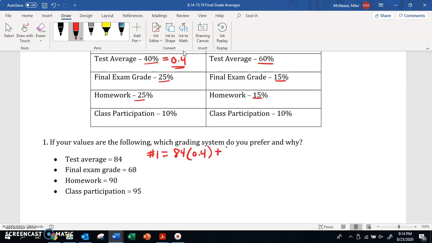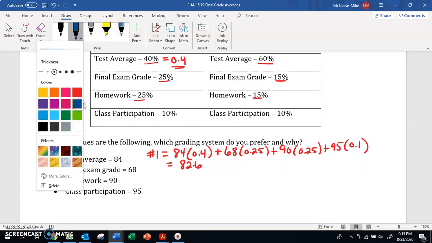Final exam grade was a 68 times 0.25. Homework grade is a 90 times 0.25. And class participation is a 95 times 0.1. If we add all these together, we should get 82.6.